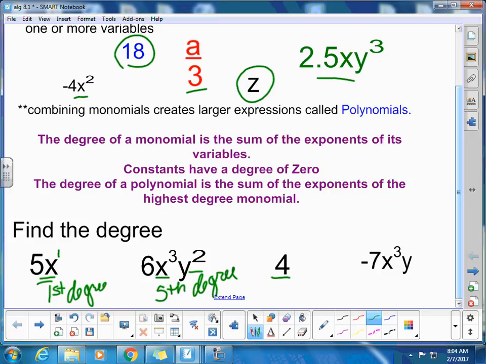That's a constant, so it's a 0 degree. And here, some of the exponents again, we have x to the third, and y is just raised to the 1 because there is no exponent there, just like x is 1x. So 3 plus 1 is 4, so this would be a 4th degree monomial.